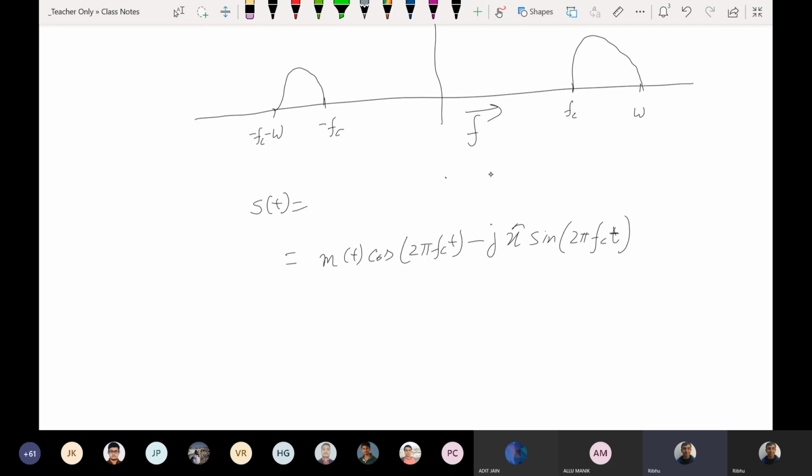Sorry, this thing is not right. m(t) plus j m hat(t) times e to the power j 2 pi f_c t. The j won't be there in the real part.